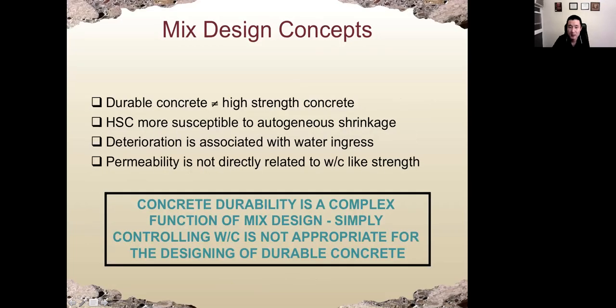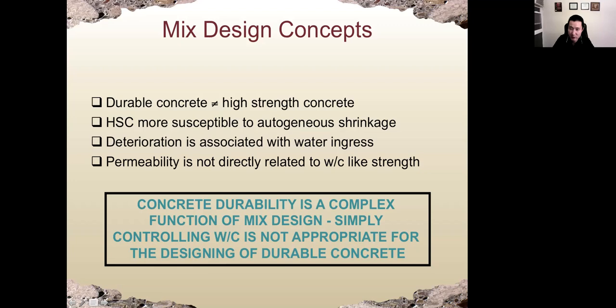Keep in mind, durable concrete is not equal to high strength concrete. Some high strength concrete is not very durable. High strength concrete is actually more susceptible to a certain type of shrinkage called autogenous shrinkage.